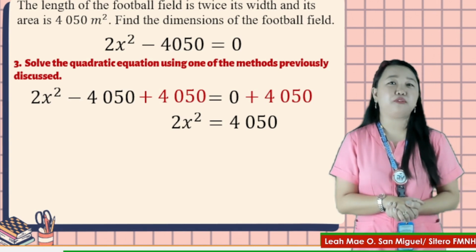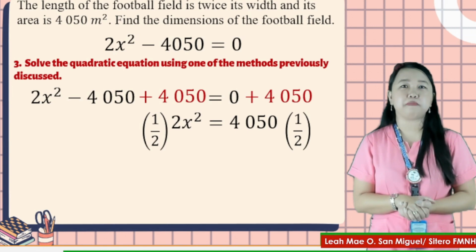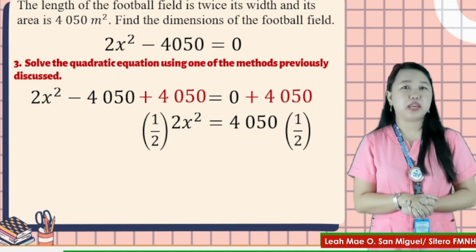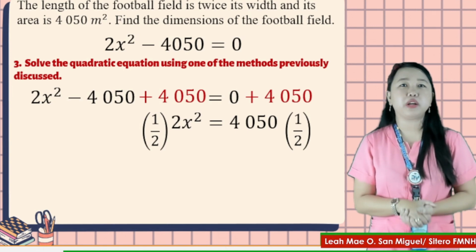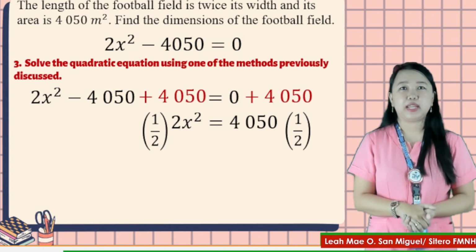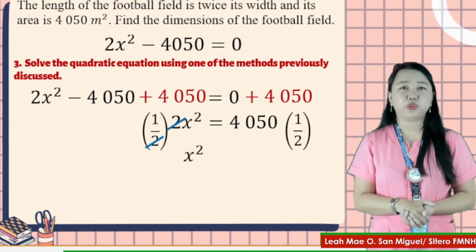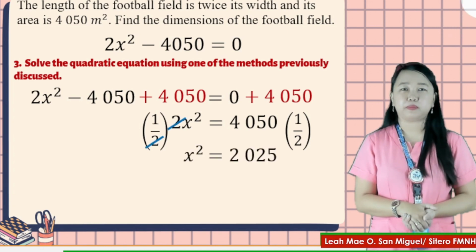Applying the multiplicative inverse property, multiply both sides of the equation by 1/2. This is the reciprocal of the numerical coefficient of the quadratic term, which in this given is 2. The equation will be x squared is equal to 2,025.